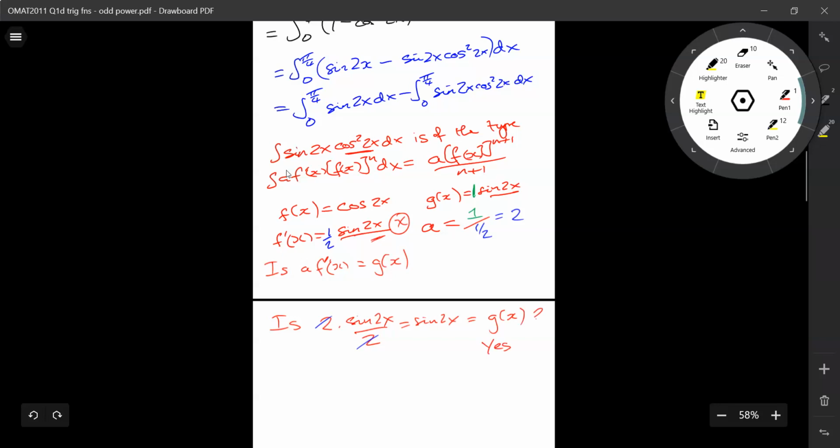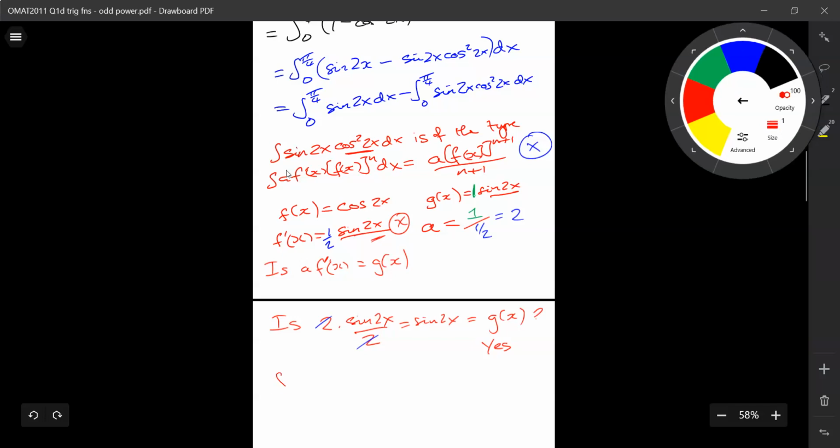That means we can use this rule up here. Once we establish that relationship is true, that means the term without the power is a multiple of the first derivative of the function raised to the power. That's the cosine 2x. Once we establish that rule, we can go ahead and integrate it.